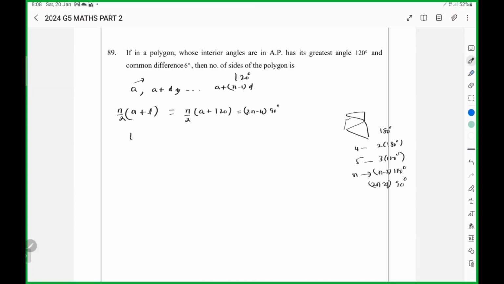And the nth term is 120. We don't know the D value, we know it from here, plus 6 minus 6.